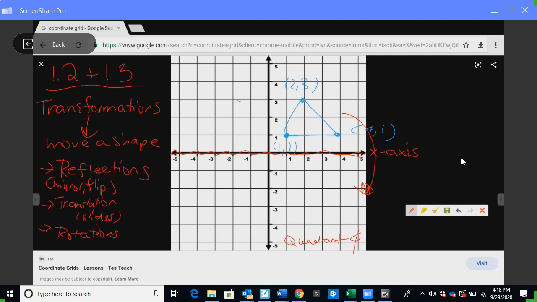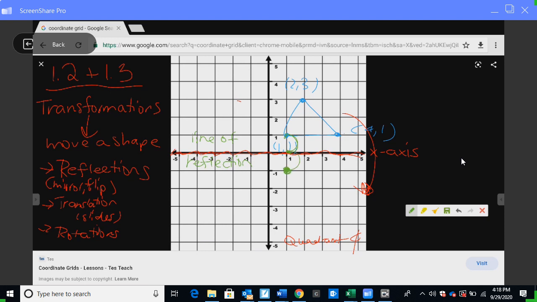So now, the way that we figure out how to reflect is we figure out how many bumps it takes to get to your line of reflection. This is our line of reflection, so we're reflecting on it. From this point, it just takes 1 to get to the line of reflection. So on the exact opposite side, it has to be the same amount.